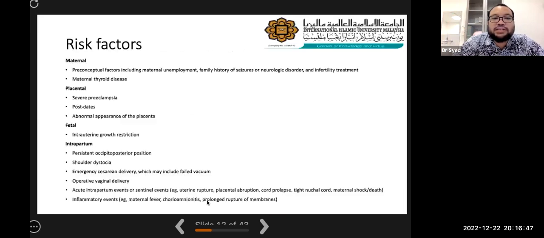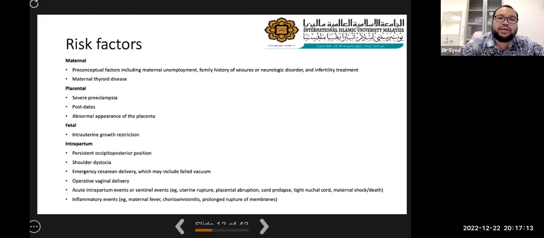Okay, what are the causes and risk factors? There's a lot of causes and risk factors. Maybe they are maternal, placental, fetal, intrapartum causes. Maternal contohnya macam apa? Contohnya macam low socioeconomic status, family history of seizures, all this can result in hypoxic and ischemic insult. Maternal thyroid disease is among the known causes of hypoxic events.